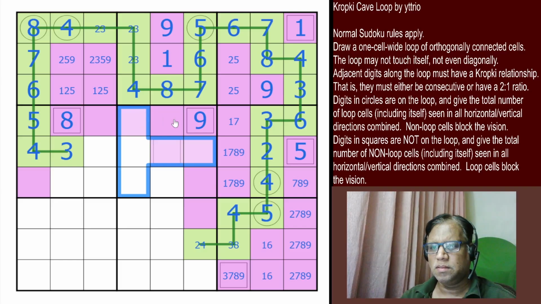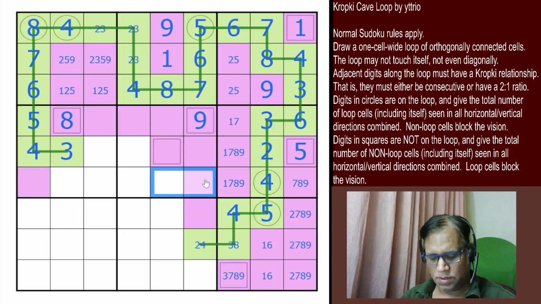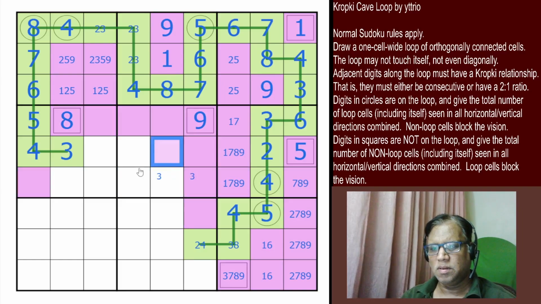Similarly, oh, 3 is easy, right? 3 is not here, here, neither here. So 3 is one of this. This one, right now. 1, 2, 3, 4. This could be 4.